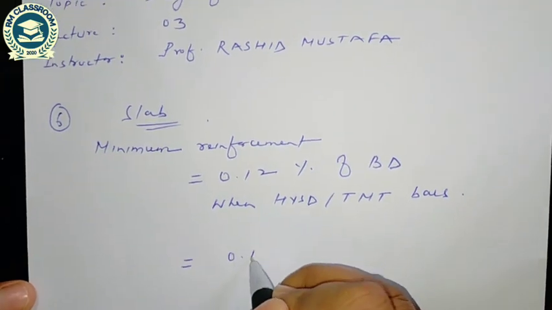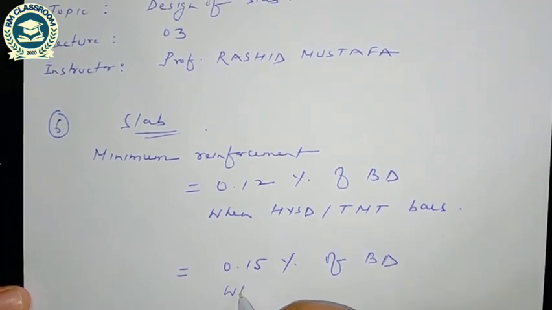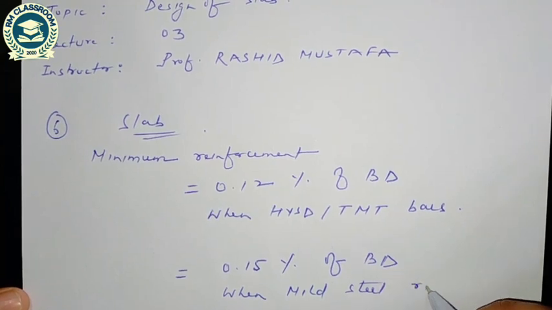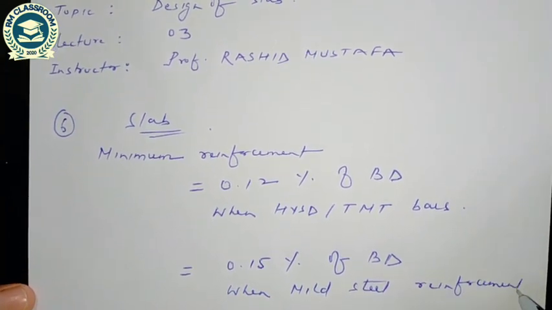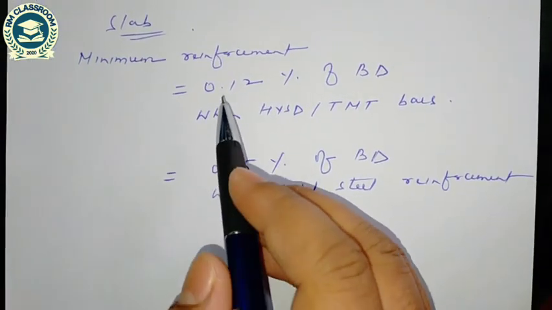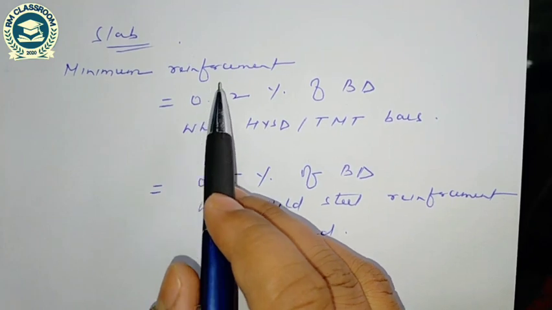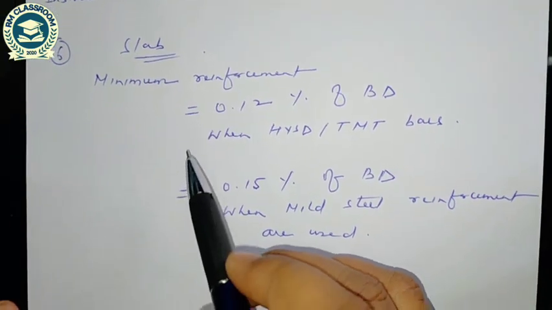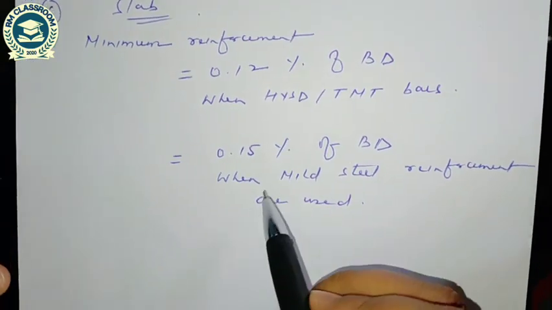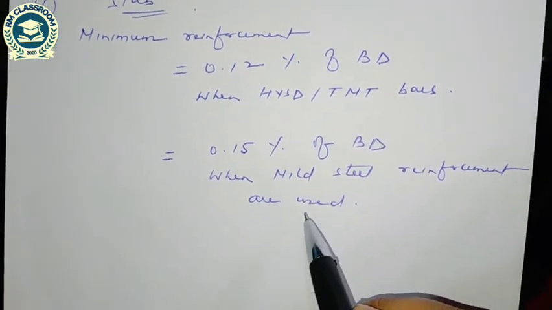Similarly, minimum reinforcement is 0.15% of B into D when mild steel reinforcement is used. In a beam, minimum reinforcement is 0.85 times BD by Fy, but in a slab minimum reinforcement is 0.12% of BD and 0.15% of BD when HYSD or mild steel is used.